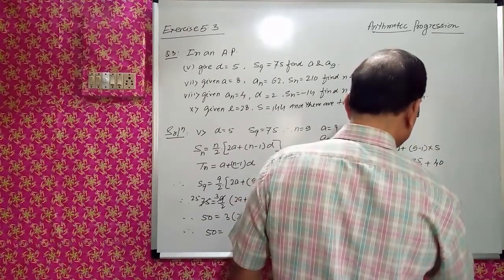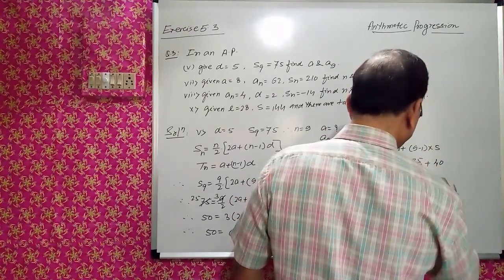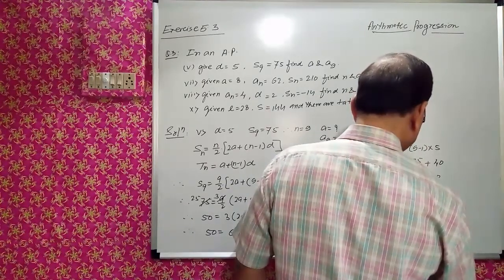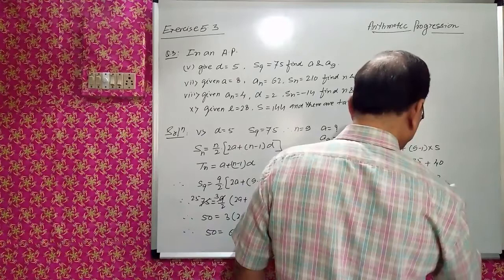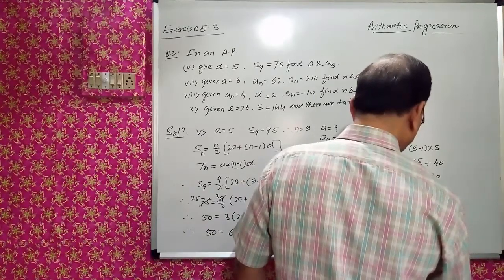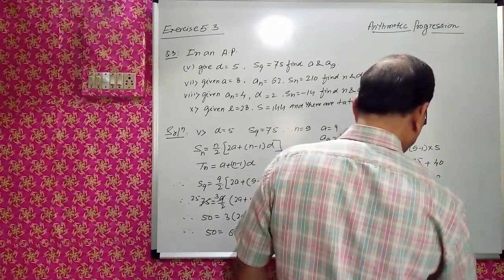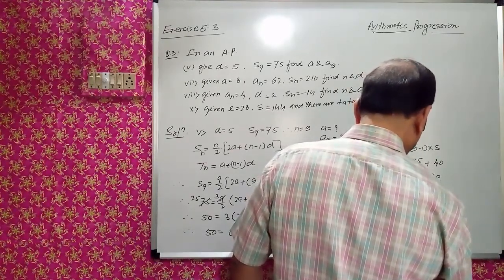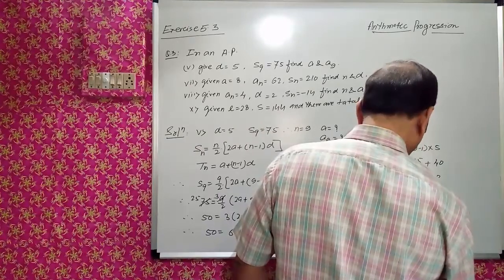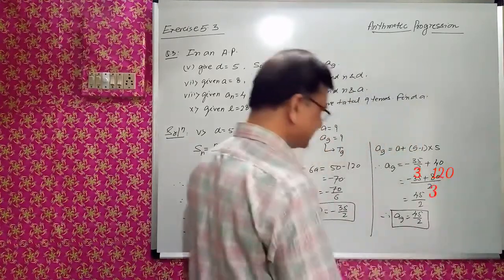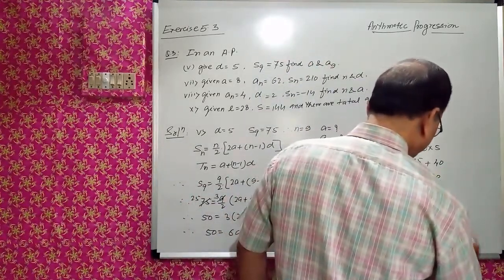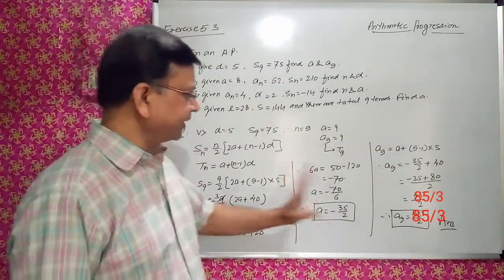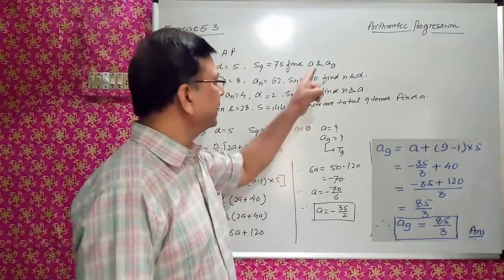That is minus 35 plus 120 by 3. That is 85. In fact, it is 85 by 3. Therefore, a9 is equal to 85 by 3. So these two are the answers of the given question. So this way, using these two formulae, we could find a and a9.